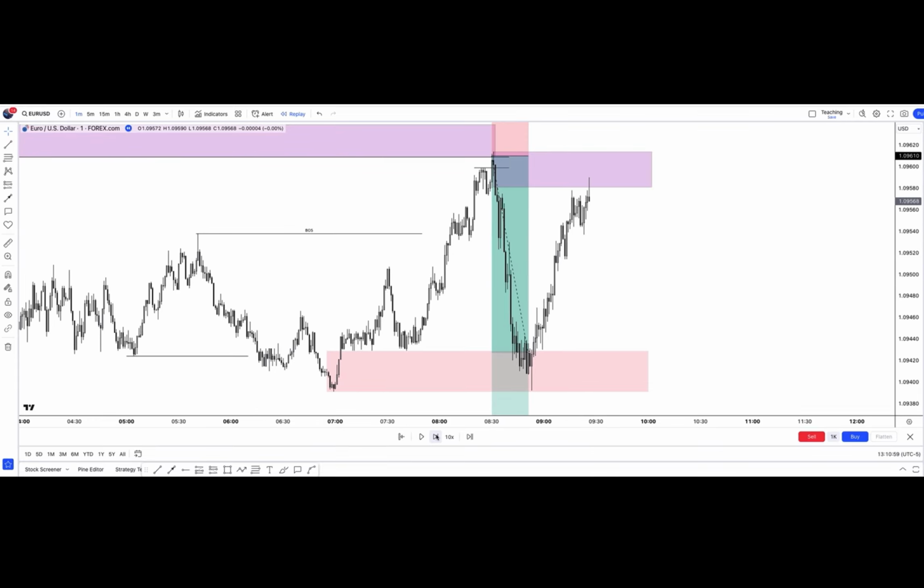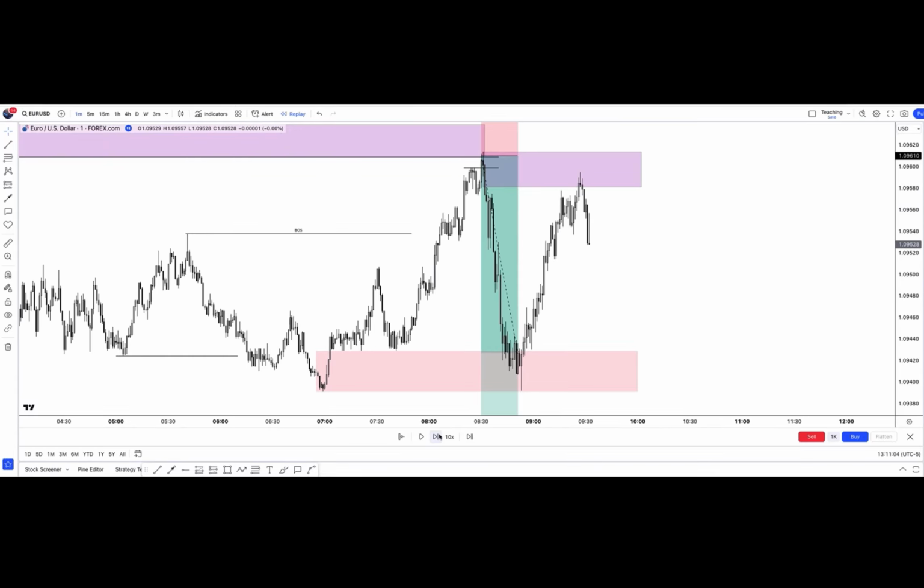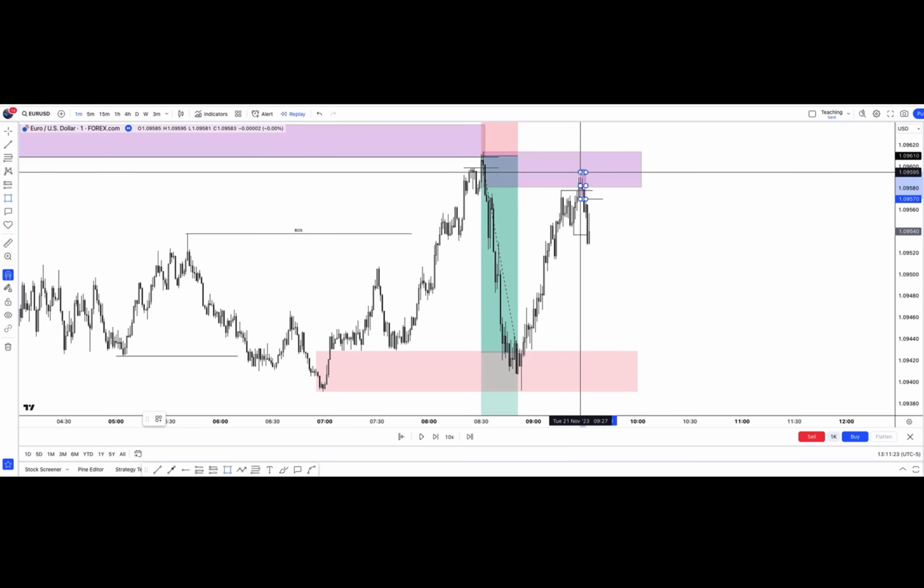We failed to make it in there, and then we tap in, perfect, and we should move away from here. Awesome. Now what are we left with again? Boom, a liquidity block with an inducement high right below, the start of that 1 minute imbalance. So this is just another area that we can tap into.